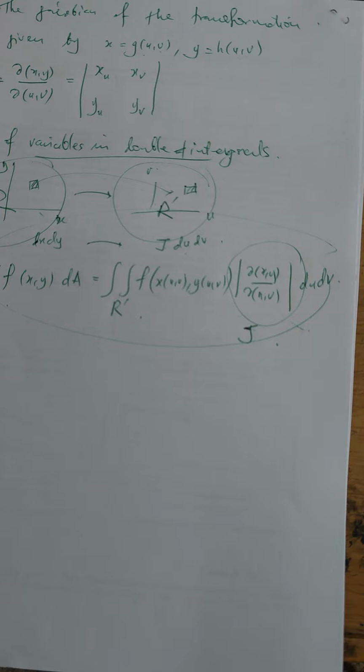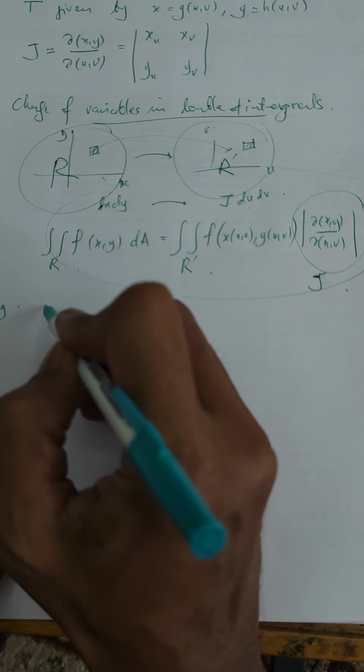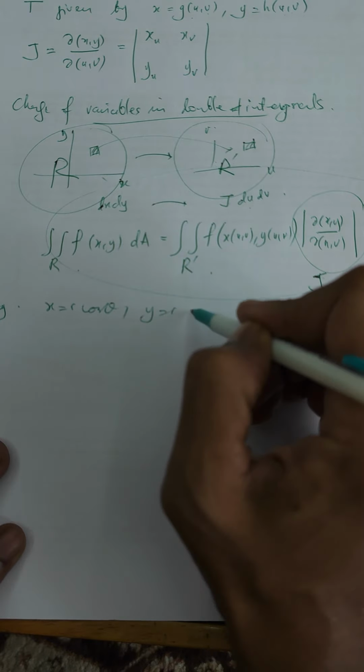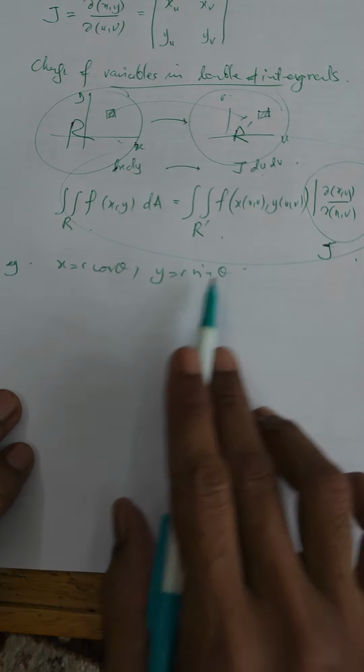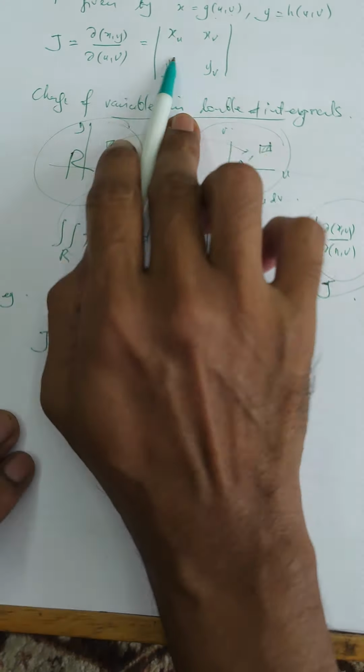Of course, a simple example is the polar coordinates that we have discussed, where x equals r cos theta and y equals r sine theta. If you do this, we find the Jacobian is as follows.